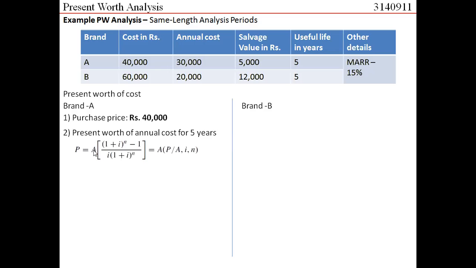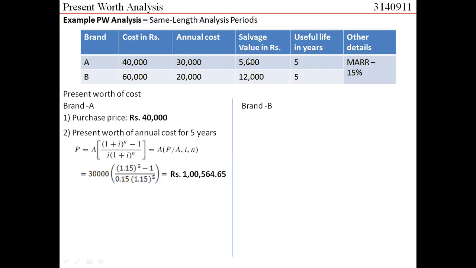So my annual cash flow is 30,000, my interest rate is 15%, and my number of years is 5. If I put this in the relation, I would get an amount somewhere equal to 1,564.65, right? So this is the present worth of my annual cost.